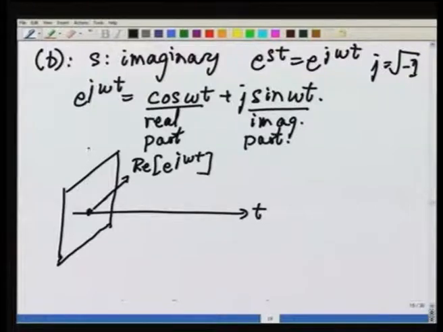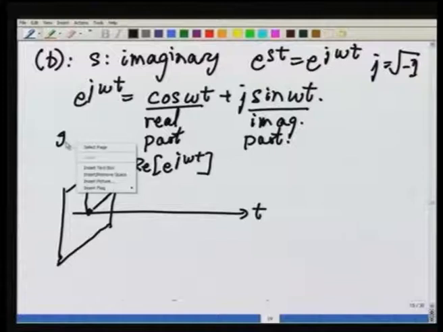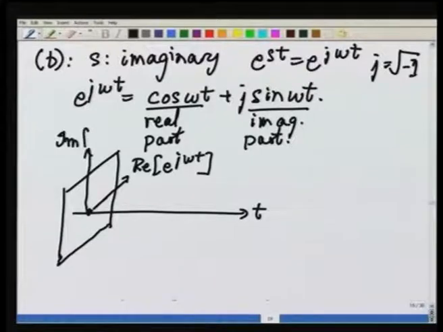And along a vertical axis, here we shall plot the imaginary part.